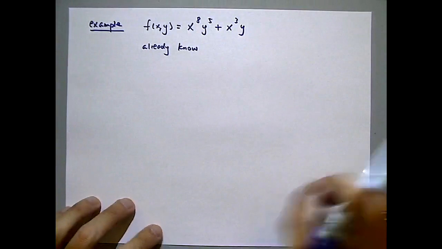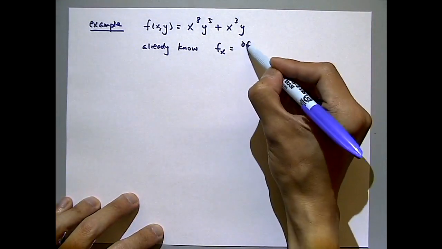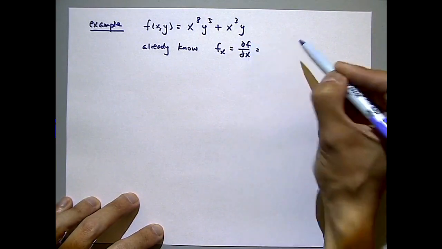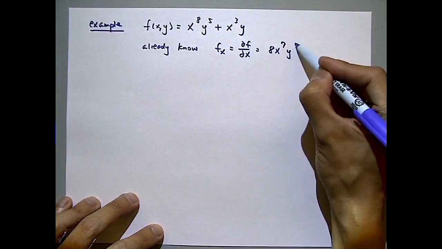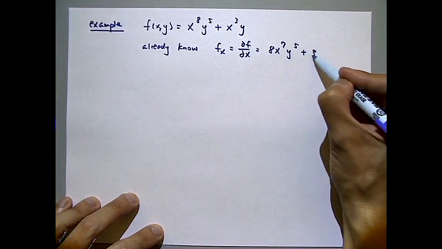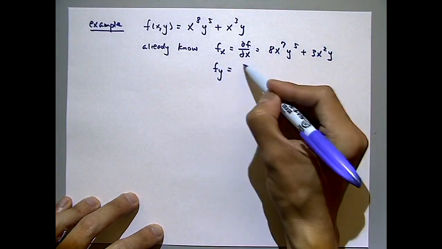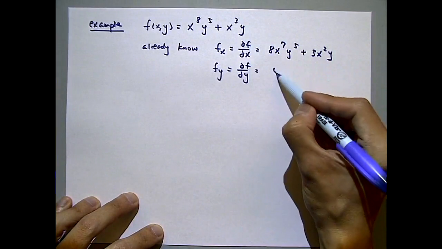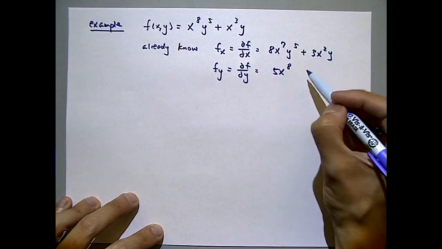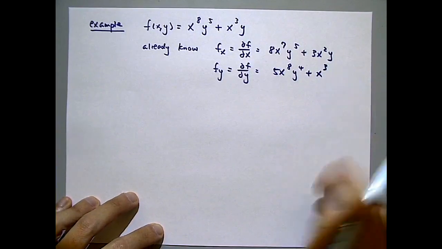And we already know from earlier example that f_x is 8x to the 7th, y to the 5th, plus 3x squared y, and f_y is 5x to the 8th, y to the 4th, plus x to the 3rd.